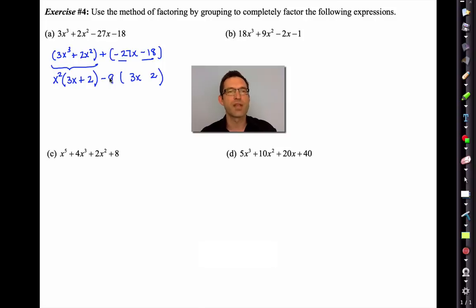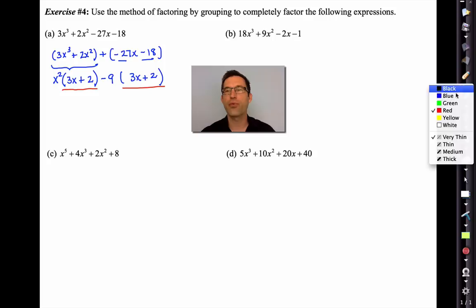Now, think about this for a second. If I factor out a negative 9, then I would have to have a positive 3x inside of here for a negative 9 times positive 3 to be a negative 27. Likewise, I'd have to have a positive 2 here for a negative 9 times positive 2 to be a negative 18.